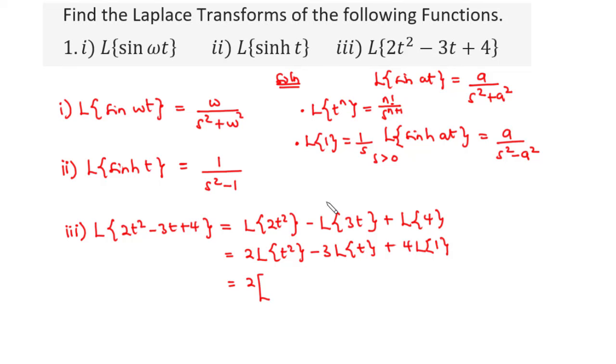Therefore we have n equal to 2. So this becomes 2 factorial divided by s to the power 2 plus 1, minus 3 times the Laplace transform of t to the power 1, which also corresponds to this property. Therefore we have 1 factorial divided by s to the power 1 plus 1, and finally we have plus 4 times the Laplace transform of 1, that is 1 over s.